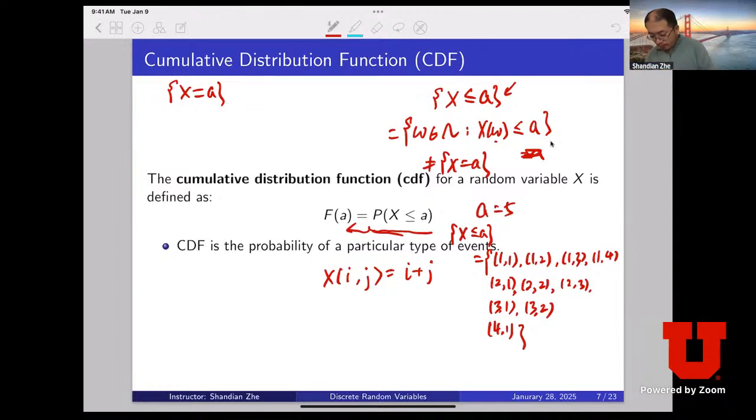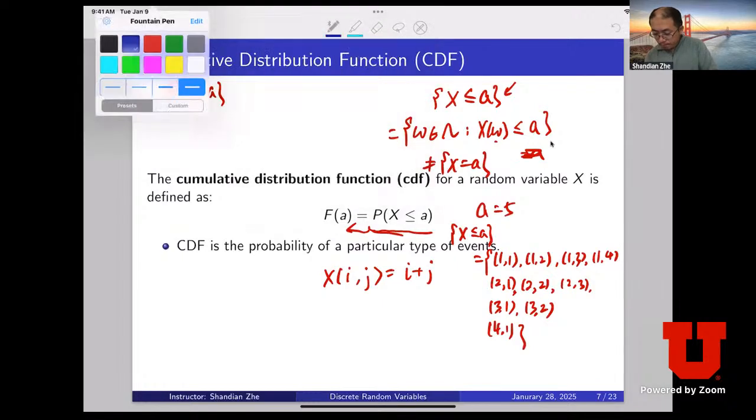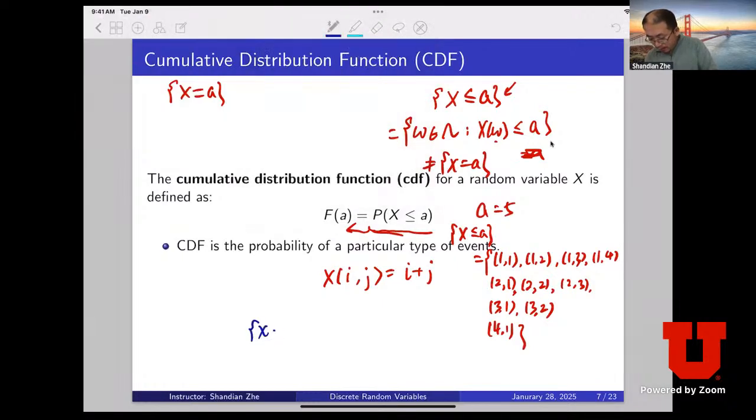And in contrast, what is the event X equals A? Here A is 5. What is that? Can anyone name it? Yes, right? In this case, you're going to pick up all pairs whose summation is exactly 5, rather than less than 5, right?